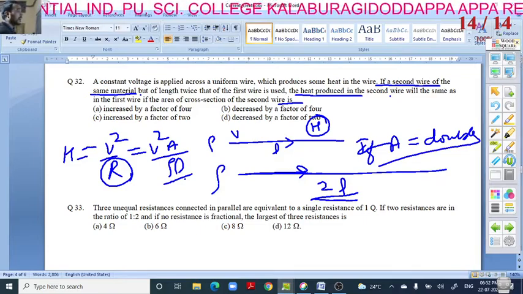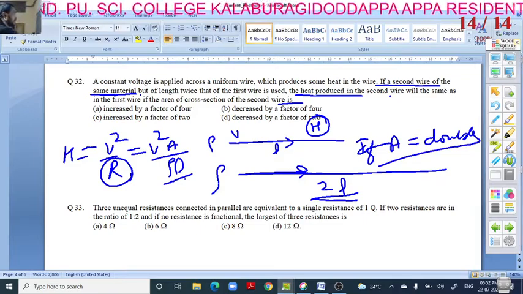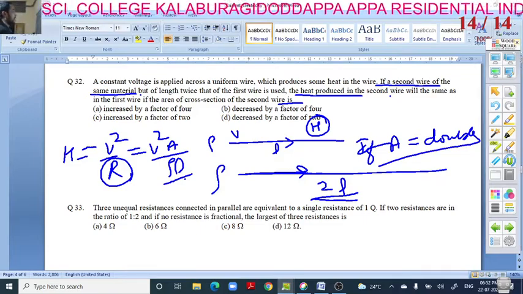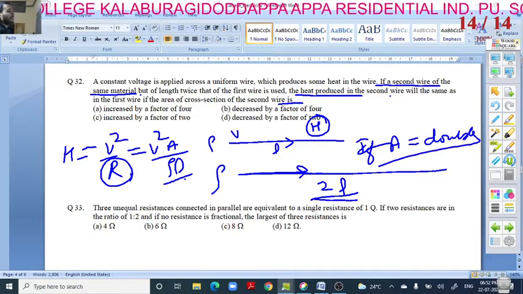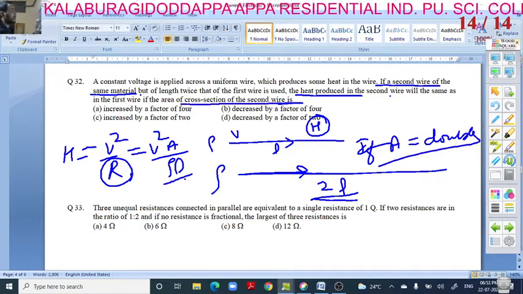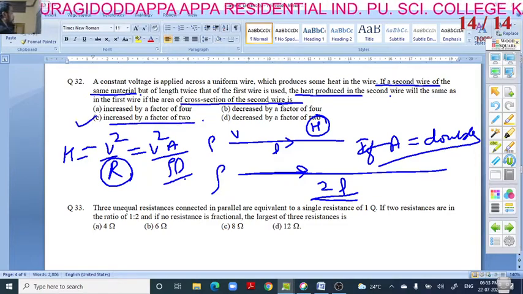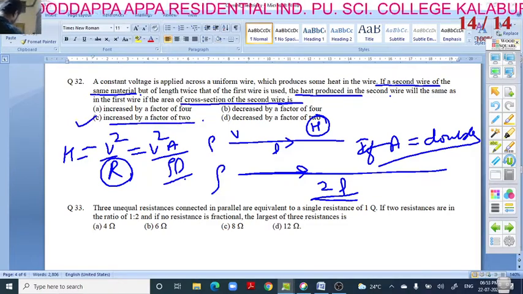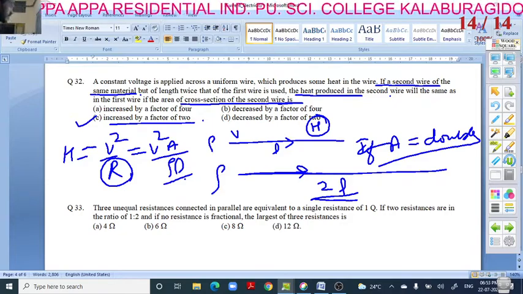So our option is that area of cross section is increased by the factor 2. So C option, right? Okay, next, last question.